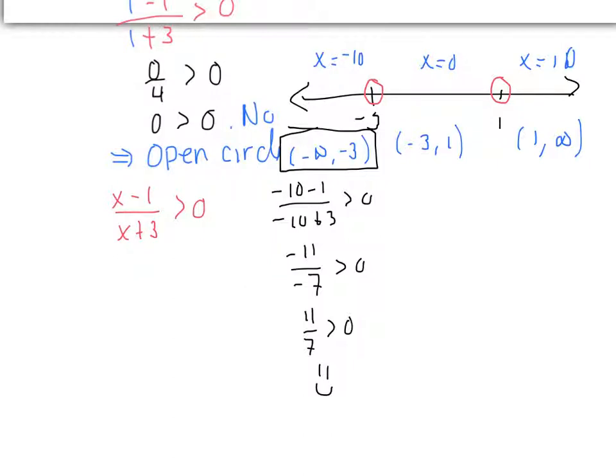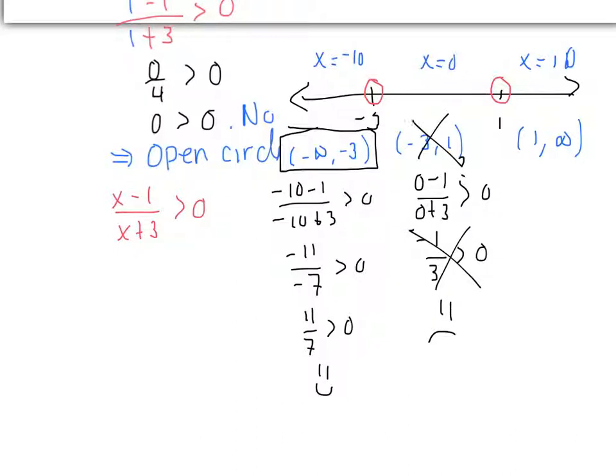When you plug in 0, 0 minus 1 over 0 plus 3, we're trying to determine if it's greater than 0. Well, in the numerator, I get negative 1, in the denominator, I get 3, but a negative number can never be bigger than 0, so this is false. So we don't keep this interval.